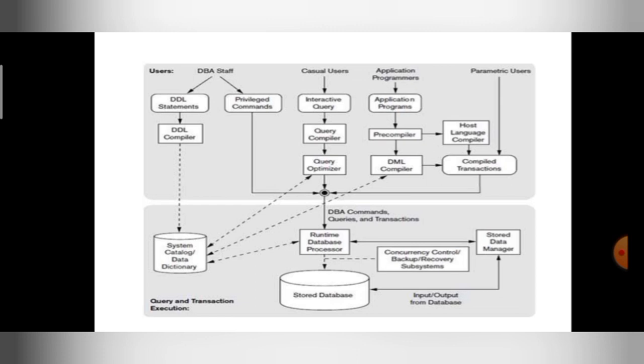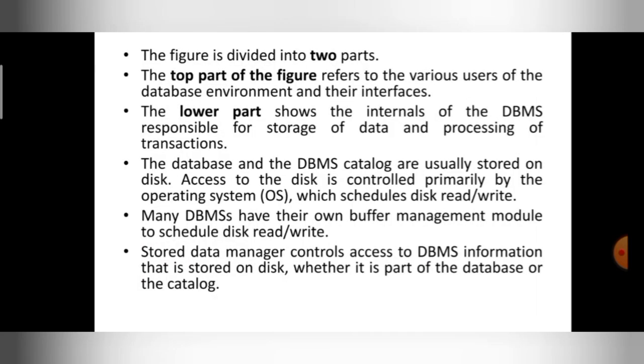For example, C statements will be sent to the host language compiler, right? And the remaining statements that are in the database, in SQL format, will be sent to the DML compiler. Hope you are understanding. Host language means C programming statements will be sent to the host language compiler. Database related statements will be sent to the DML compiler. Hope you are understanding, guys.